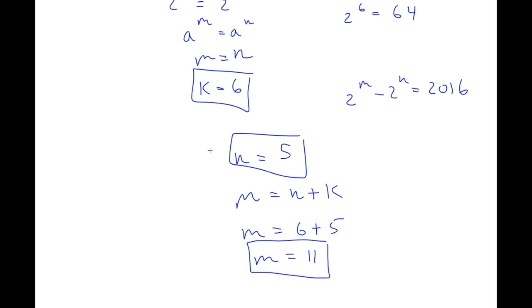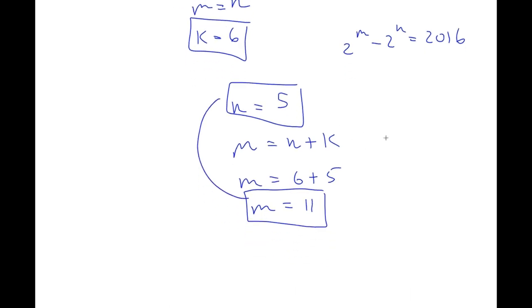So now we have both our values for n and m. So now let's go ahead and check. m is 11, so we have 2 to the power of 11 minus 2 to the power of n, which is 5, is equal to 2016.